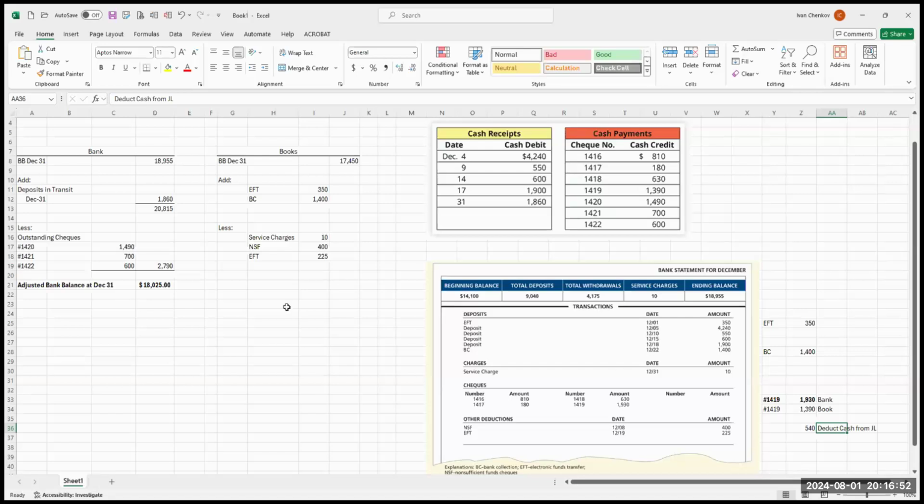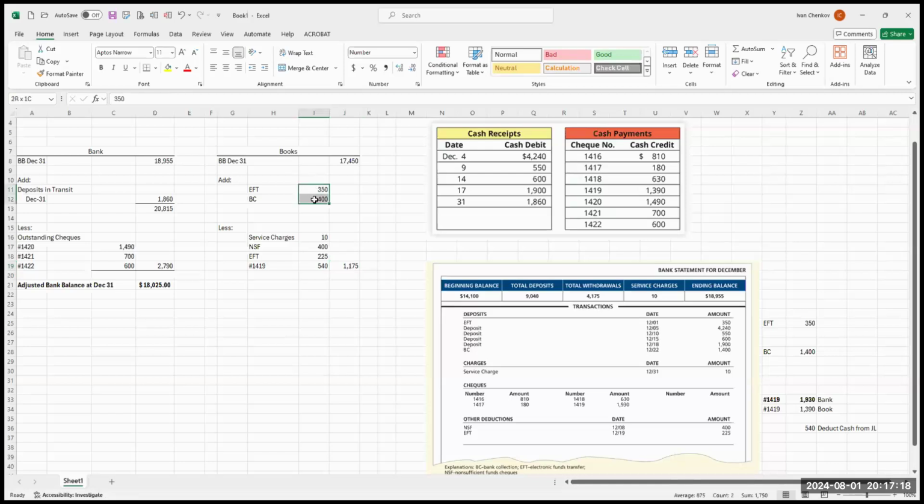So we have to deduct more cash. That's for the check, 1419. And we have to add another $450 deductions to our cash. So the total cash that we're going to deduct would be $1,175.